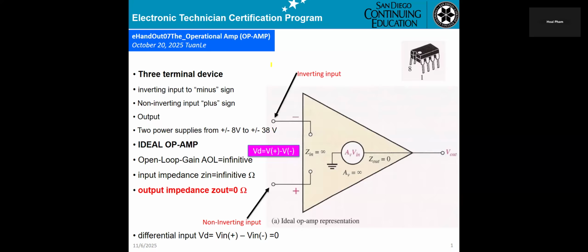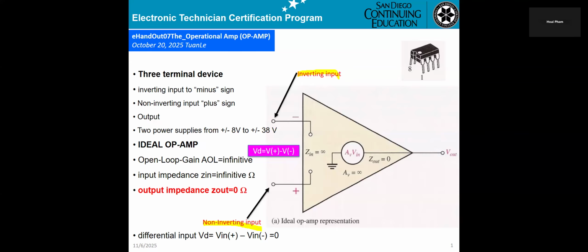It has two inputs: one will be inverting, negative, and another one will be non-inverting. And one output.